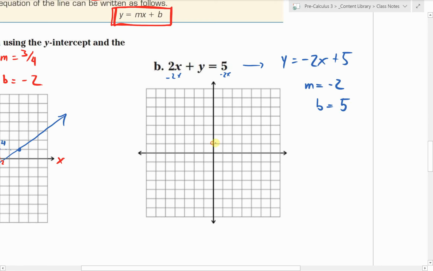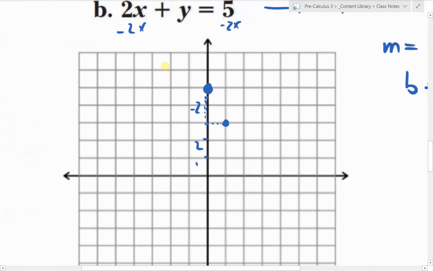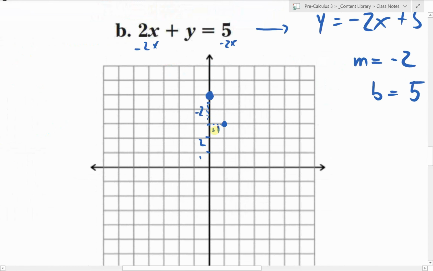We can go to our graph, 1, 2, and so forth. So here's the y-intercept of 5, and the slope is -2, which means I would go down 2, over 1, to get to my next point. And then I can connect the dots.